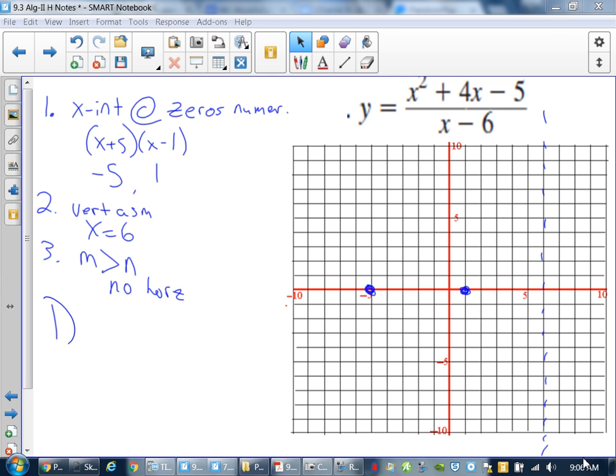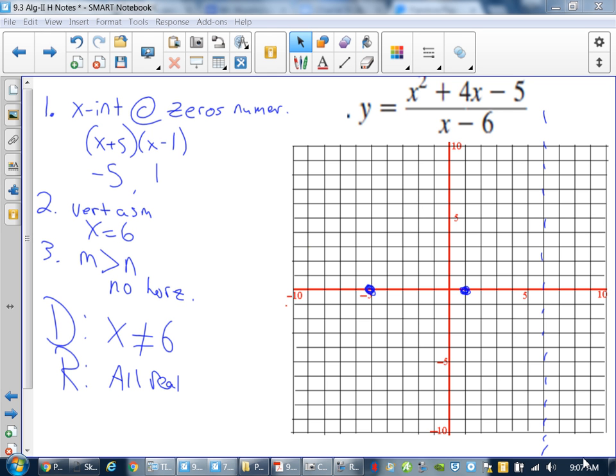The domain in this case is going to be all x values not equal to our vertical asymptote at 6. Our range, since there's no horizontal asymptote, means there's no restriction upon the y values. So the range is going to be all real. But if it has no restrictions, that means it could be a negative number too, right?